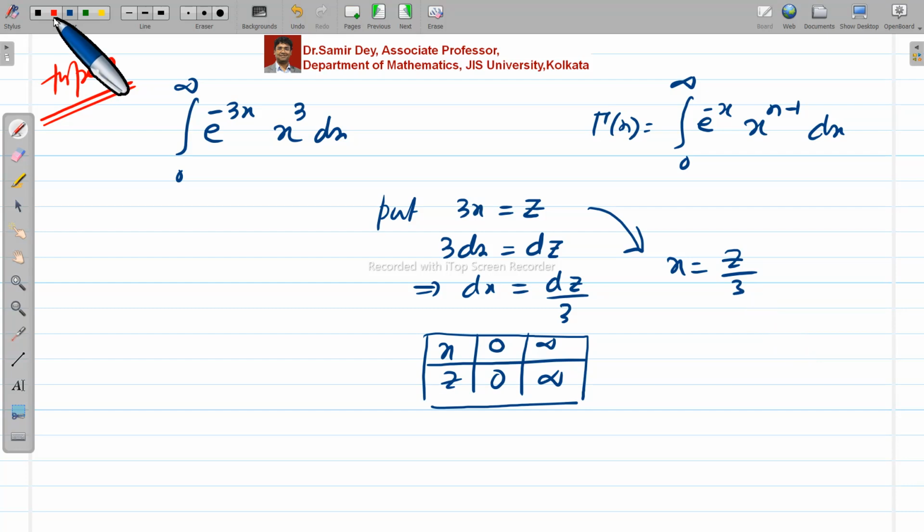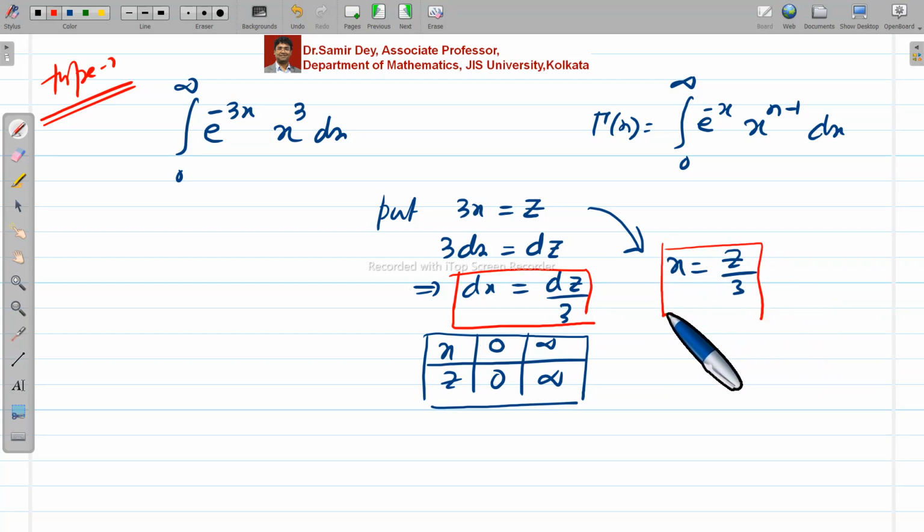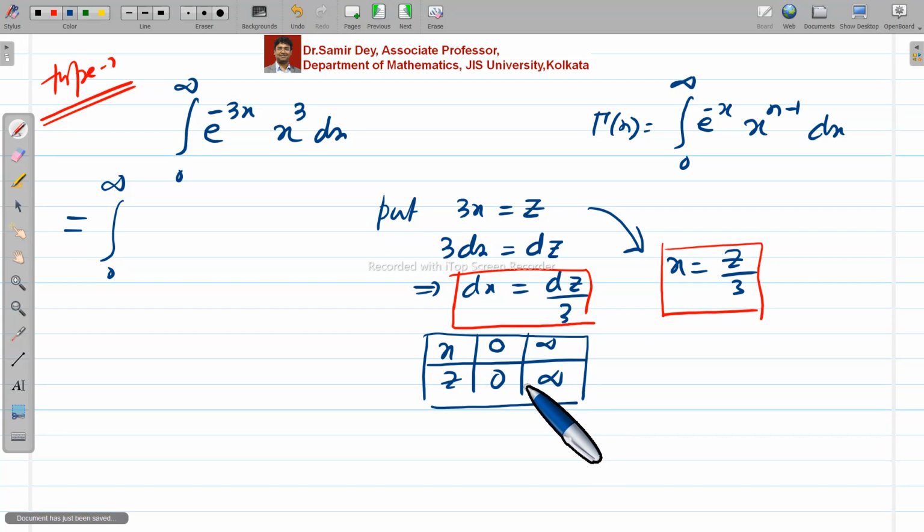Okay, so now you have three results. One is x equals this, second one is this. So that means by these results we can replace everything. Now your range will be same, 0 to infinity, because when x is equal to 0, z is also 0. When x goes to infinity, z also goes to infinity. So this portion is clear. Now e to the power minus z, because already you have replaced. Now what is your x?